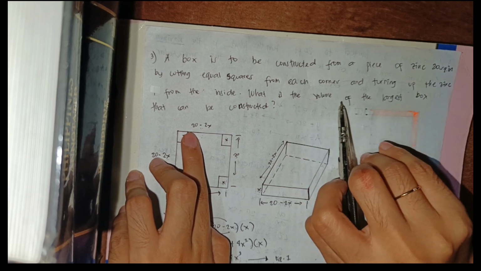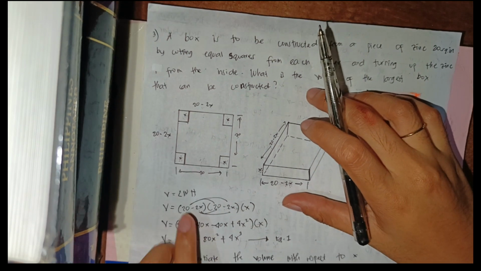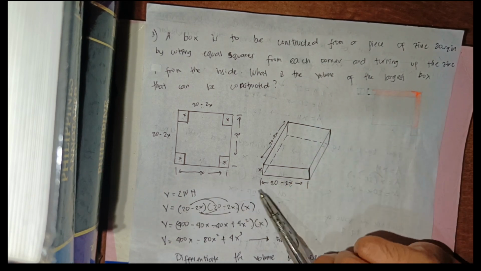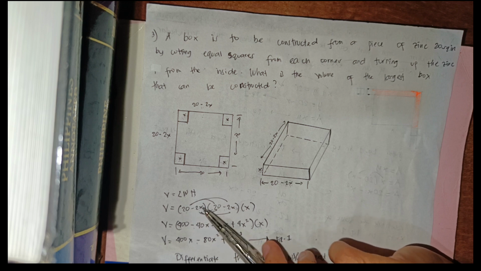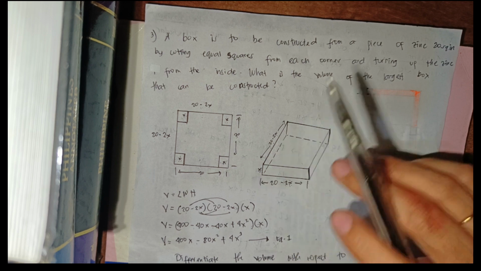So what is the volume of the largest box? Volume is equal to length times width times height. The length is equal to 20 minus 2x, similar for the width, and then the height is x.